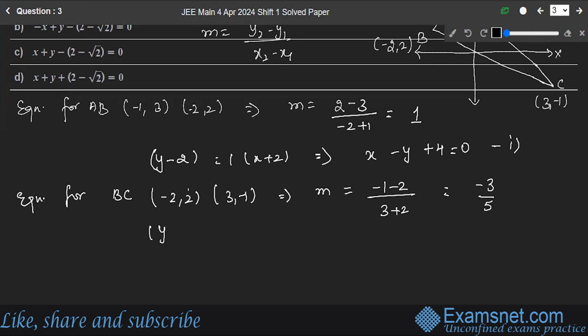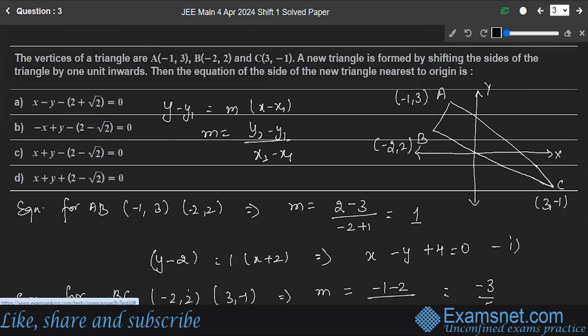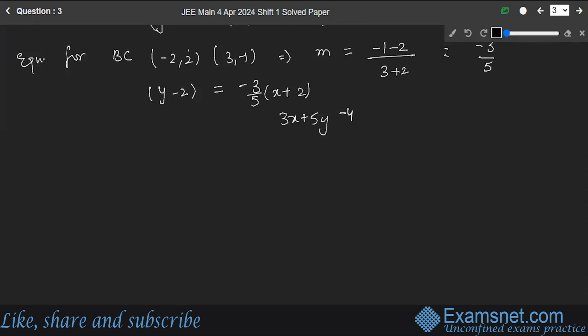Let's take this point. So it will be y minus 2 is equal to minus 3 by 5 into x plus 2. On solving, this equation is 3x plus 5y minus 4 is equal to 0. Let's say this is equation 2.